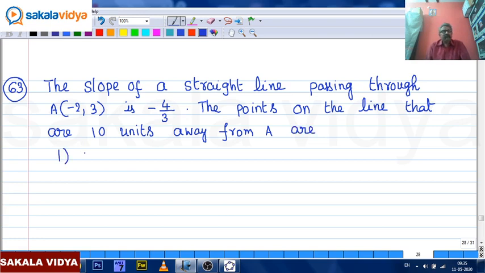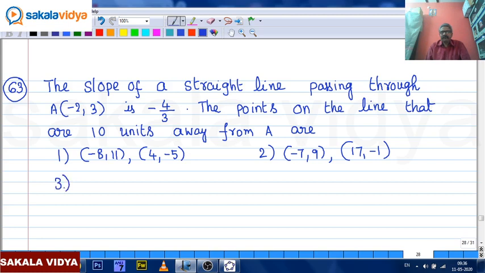First option minus 8 comma 11, 4 comma minus 5. Second option minus 7 comma 9, 17 comma minus 1.